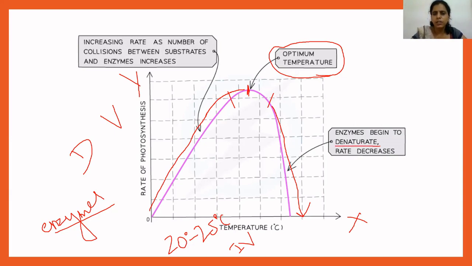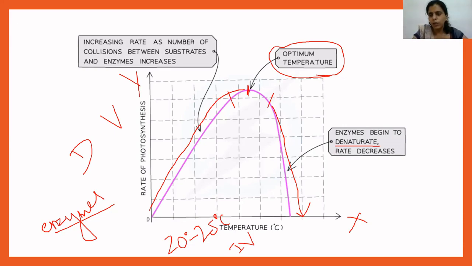Enzyme gets denatured. Now the meaning of this term is, every enzyme has its active site. Active site is a place on enzyme where a substrate molecule comes and fits into the enzyme. For example, this is an enzyme and these points are the active site of the enzyme. This is a substrate molecule. The substrate molecule comes and fits into the active site of the enzyme, and then they form enzyme substrate complex.